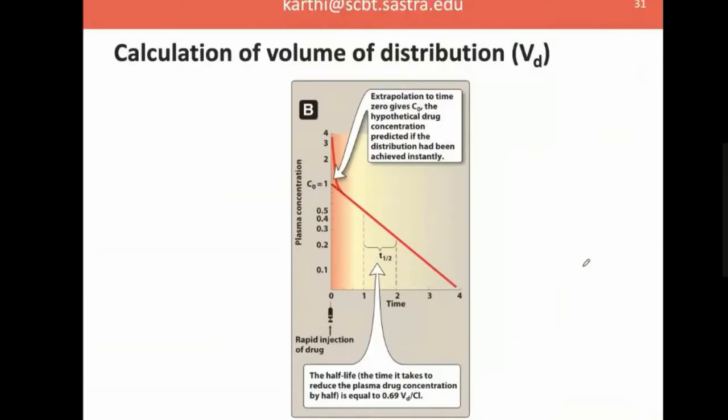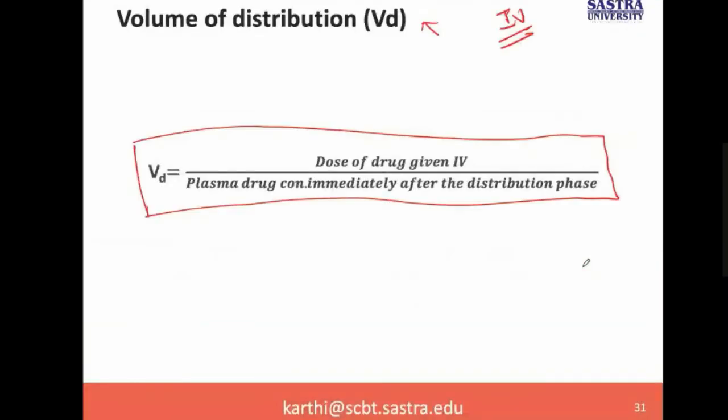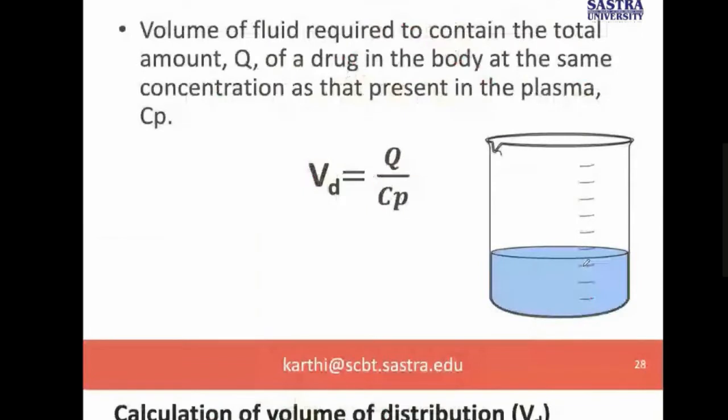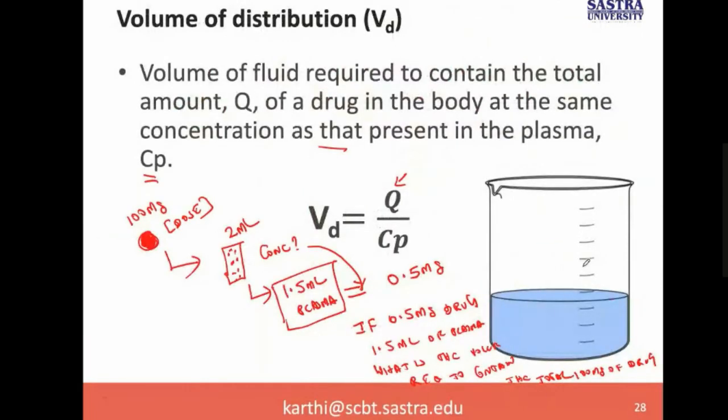Yes, sir. Now if you go through this formula, you can understand. Okay, so Q is the total dose of the drug molecule, and Cp is the plasma concentration. So if the Cp value is very small, which means that the Vd value will be very large.